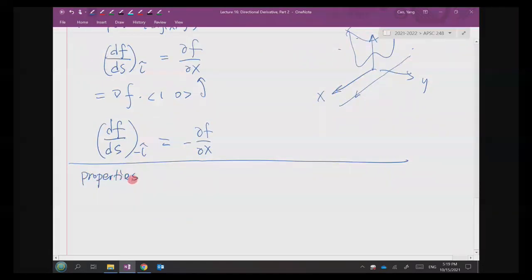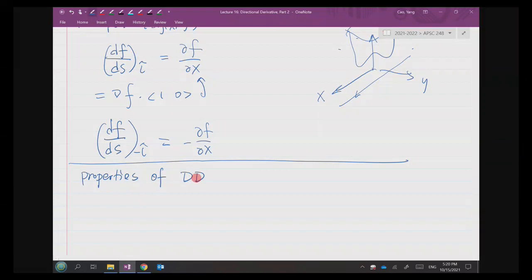The last part of the directional derivatives, let's look at some of the properties of a directional derivative. And the properties are also quite important because I'm not sure if you still remember, I have an unanswered question, as a matter of fact, from when we learned the gradient vector.